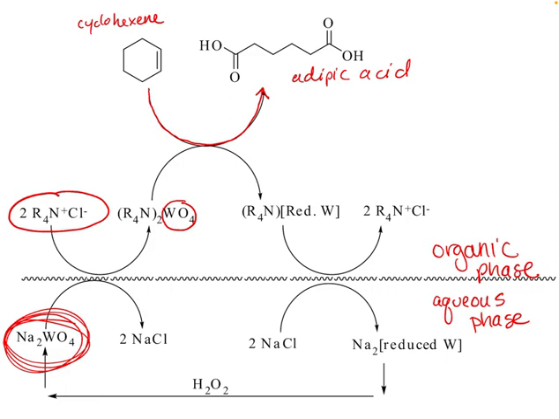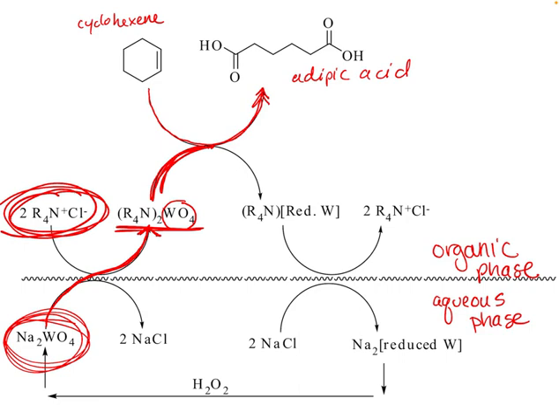In order to transfer the tungstate up to where we need it in the organic phase, we're going to use that phase transfer catalyst. It's going to form a compound with the tungstate and pull it into the organic phase. Then the tungstate can interact with cyclohexene and form adipic acid.